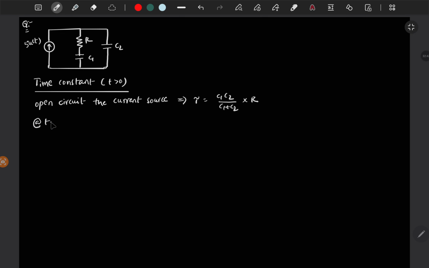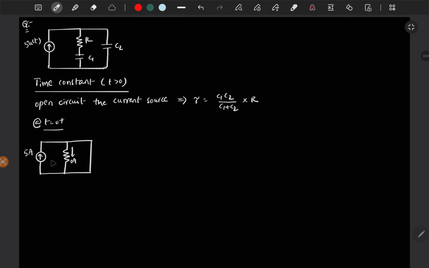Now at t is equal to 0 plus, just pump that 5 amps and short circuit the capacitors. So through C1 no current will flow at t is equal to 0 plus.